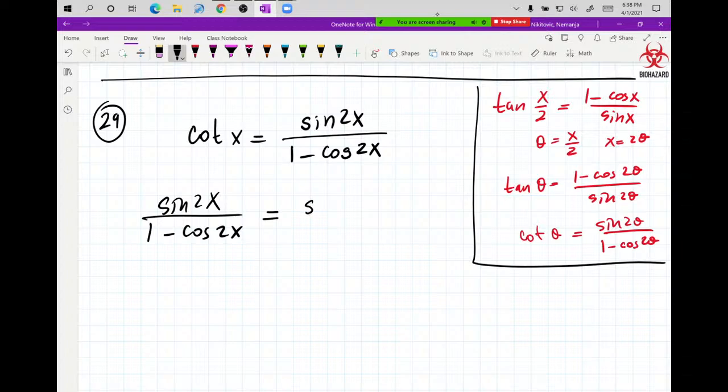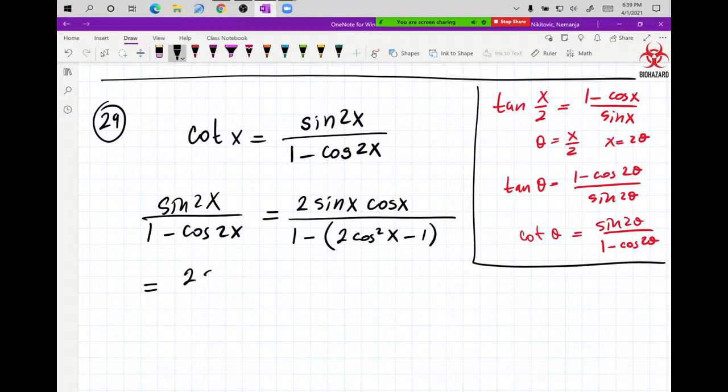So how about sine 2x, sine 2x is 2 sine x cosine x, over 1 minus, and then for this one, let's use 2 cosine squared x minus 1, or 1 minus, it doesn't matter.